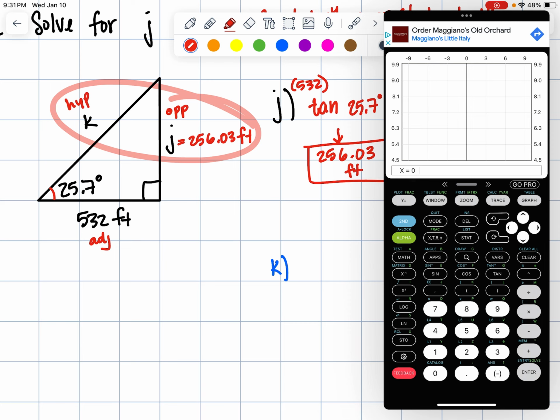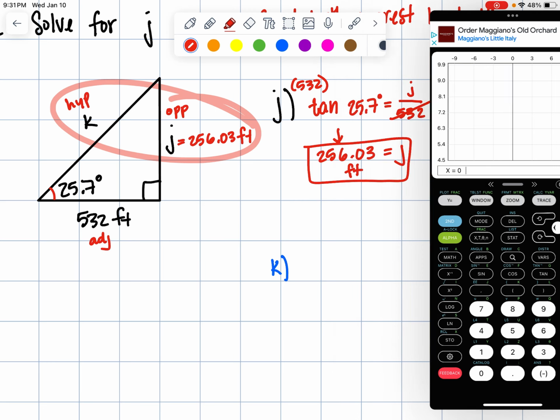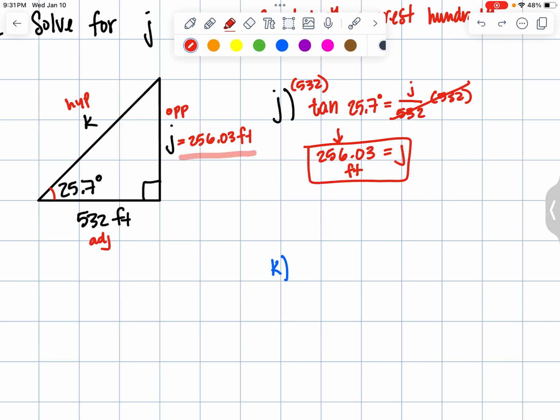Absolutely, you could. What I would mention, though, is that we rounded 256.03. So if we use the trig ratio of opposite over hypotenuse, just know that our answer for k will be less accurate because we rounded for j.